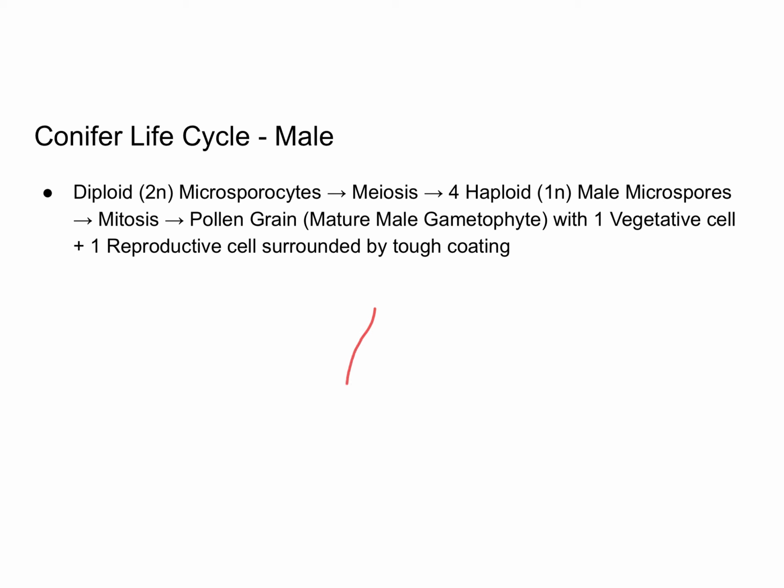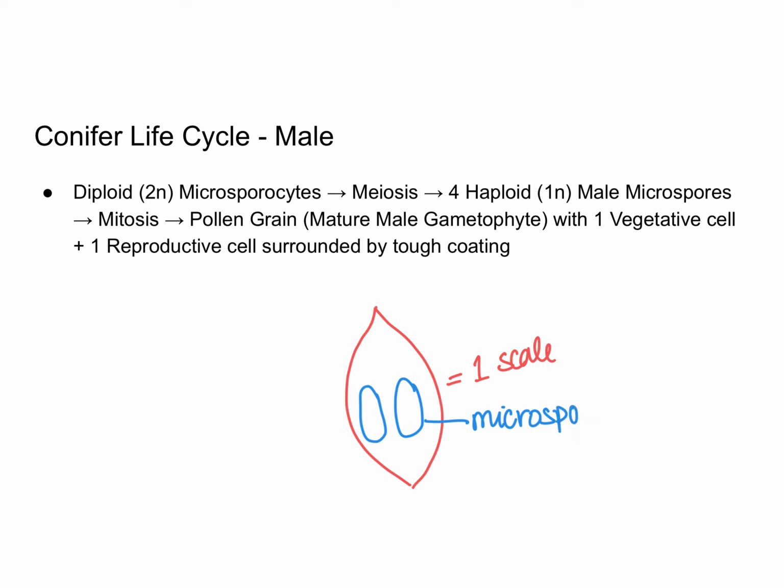So in each one of those scales, there are going to be two microsporangia. And within the microsporangia, you're going to have these microsporocytes.